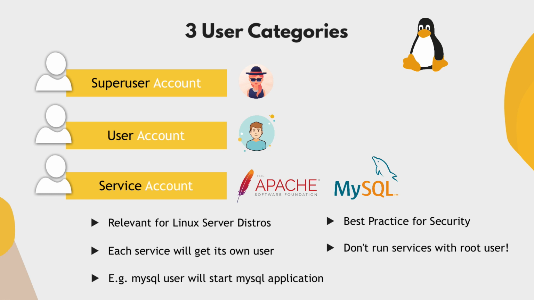So no service should be run with root user because then that service will actually get root user privileges. And it may accidentally disrupt the system, or if someone would hack into our system and that application specifically, they will be able to do more damage to the whole system with a root user privilege.